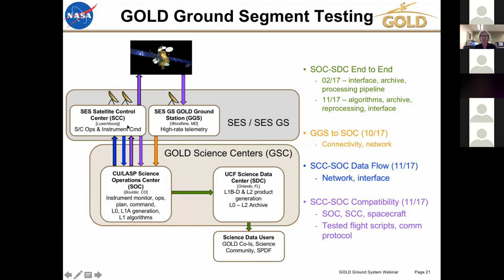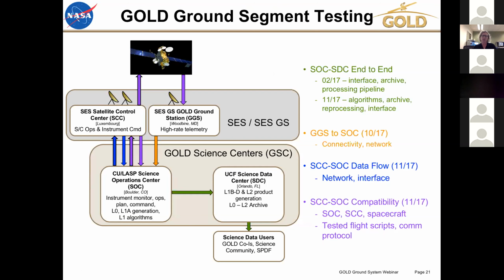SOC sending the command files to the satellite control center sending commands to the SES-14, which was located at Airbus, and then the SES-14 sending data back to the GOLD ground station. So that was a very thorough test we were able to perform in November of 2017.